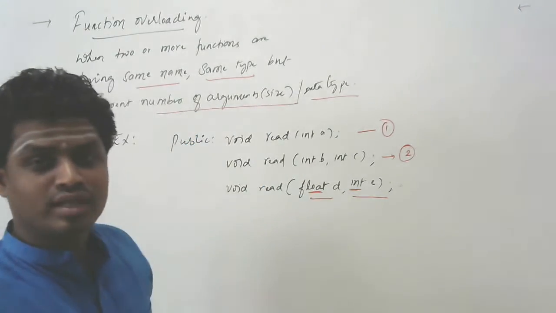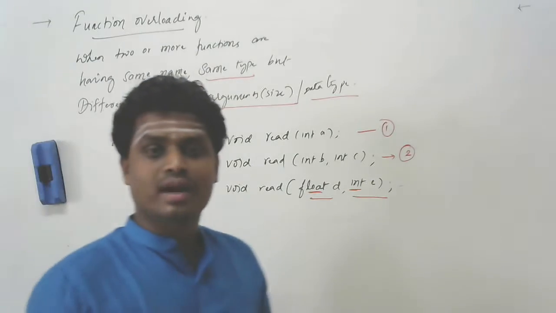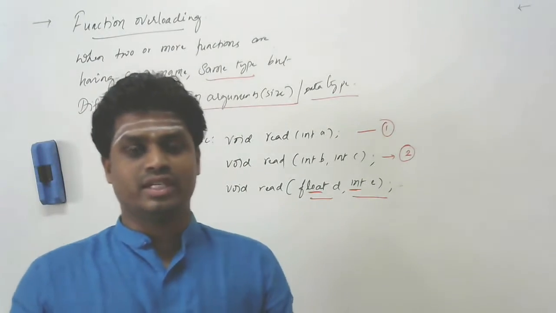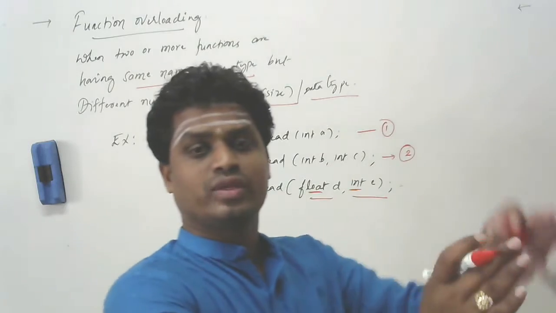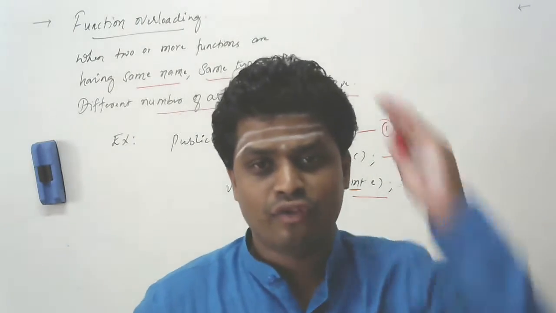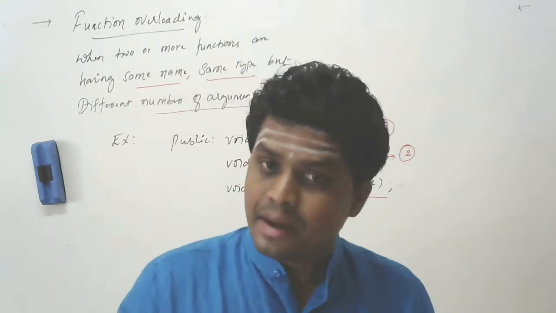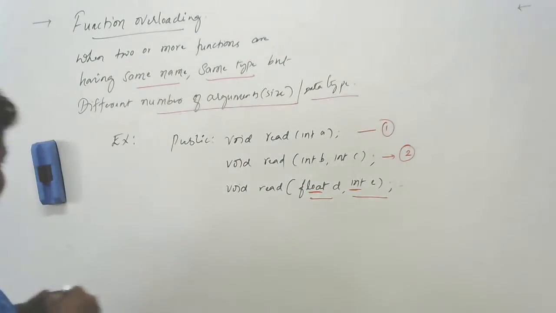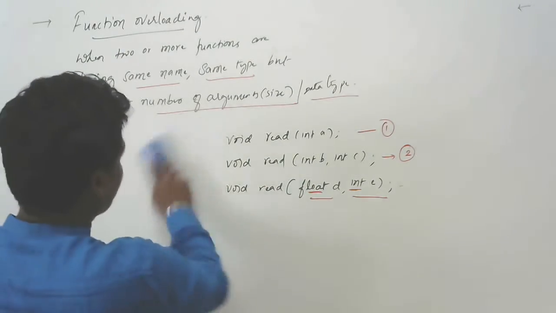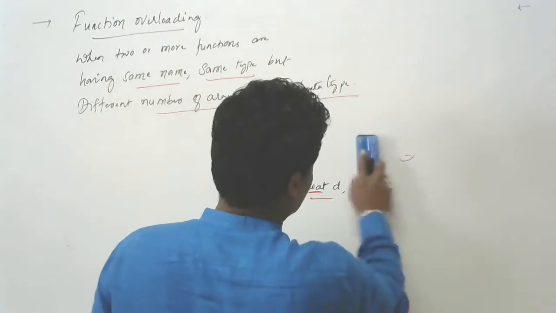Out of these two, one is supposed to be there. Then only, without any ambiguity, will the compiler pass its value to the respective member functions. So that is the procedure. We'll see our programming example.